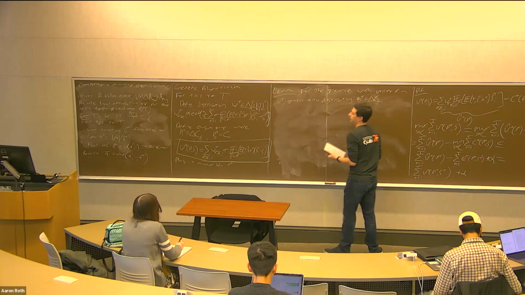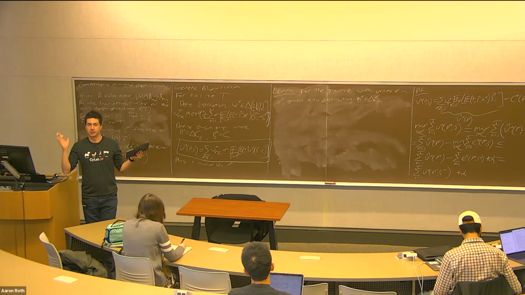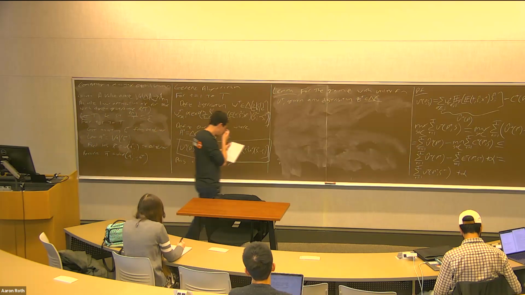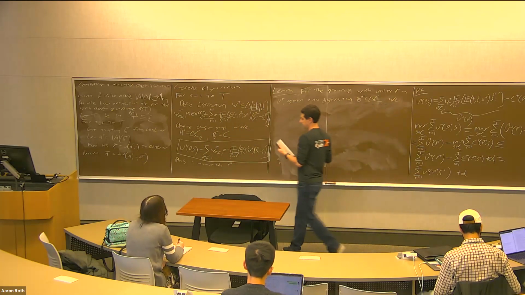Remember, the adversary is running follow the perturbed leader. So they're going to be playing distributions over vectors in this space C. We can implement a value oracle as follows.